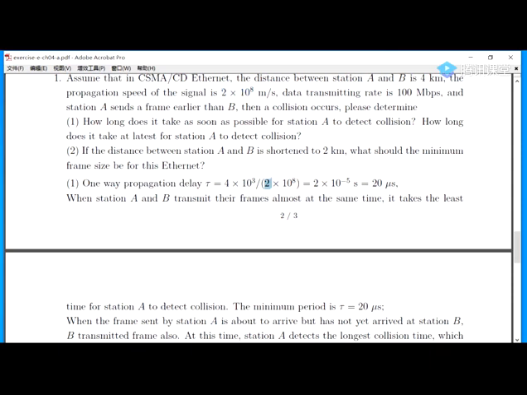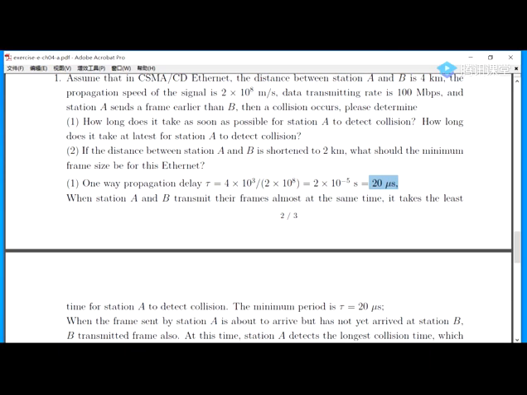Why is it 2, not 3? Because the speed of the signal is 2/3 of the light speed. So here it is 2 times 10^8 meters per second. So the one-way propagation delay tau is 20 microseconds.